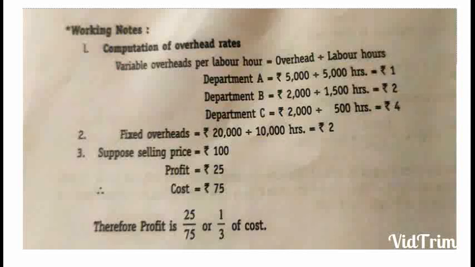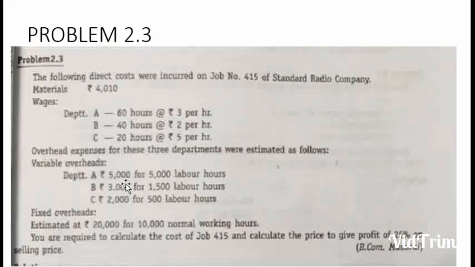So next is your fixed overheads. Your fixed overheads also, if you look into your question, fixed overheads is estimated at 20,000 for 10,000 normal working hours. So what they have told, we will pay 20,000 rupees for 10,000 normal working hours. But what is the actual number of hours the departments worked? 60, 40, 20.